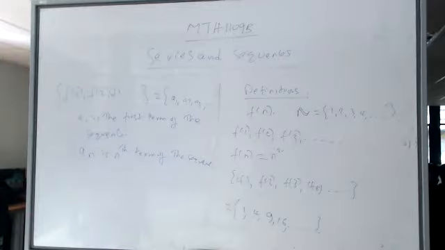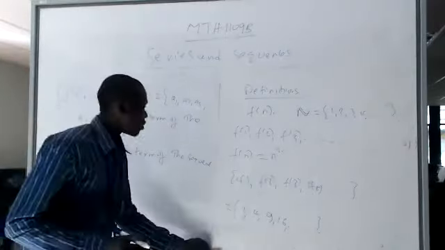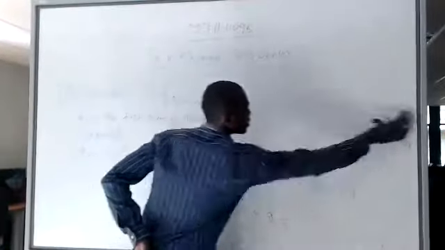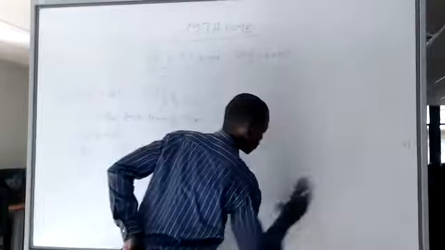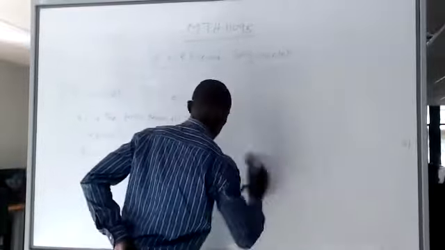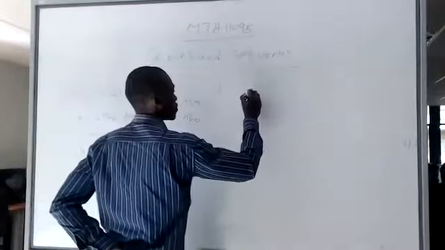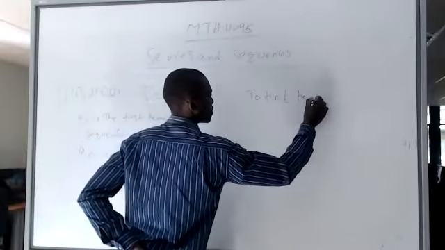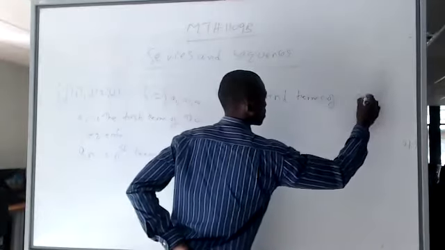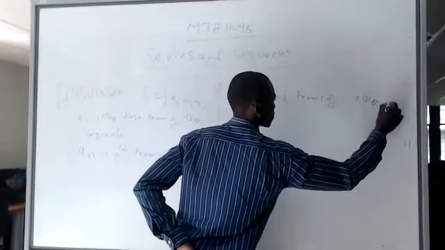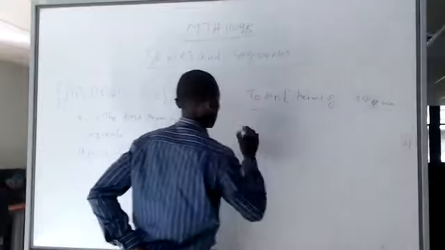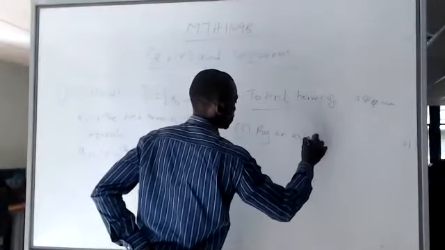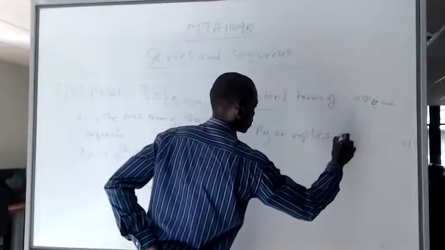Now, how do you find the terms of a sequence? There are two ways of finding terms of a sequence. The first one, and the most common one, is by an explicit formula.